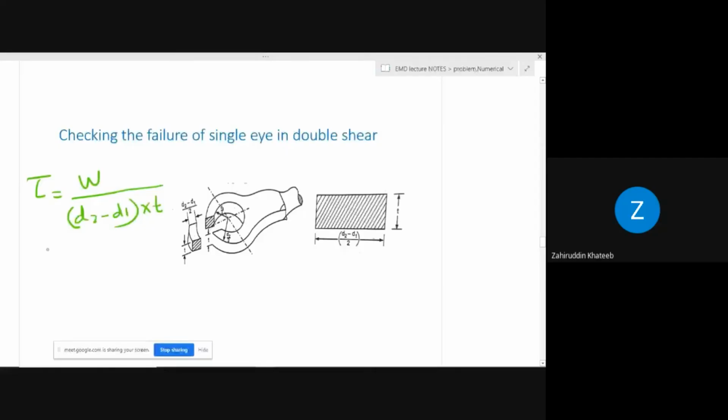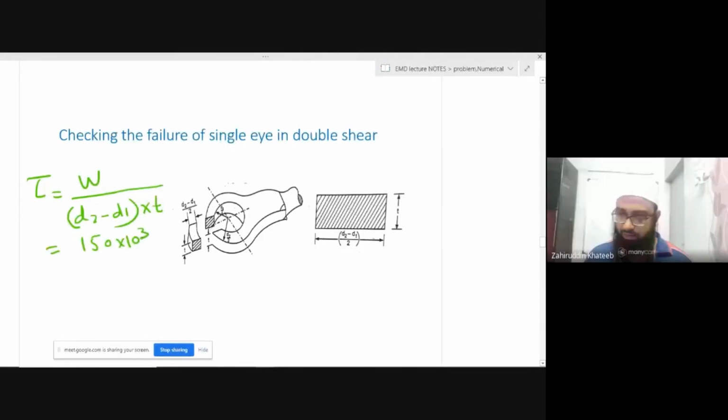The value of W we know, that is 150 into 10 raised to 3. The value of d2 is 104, minus d1, which is 52, into 65.